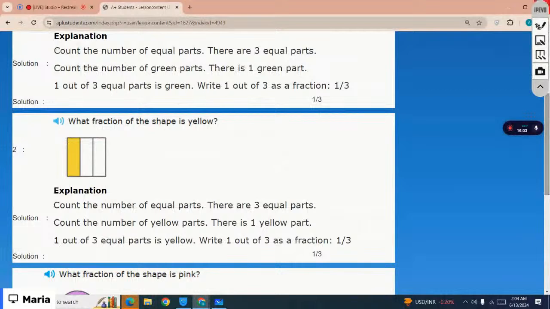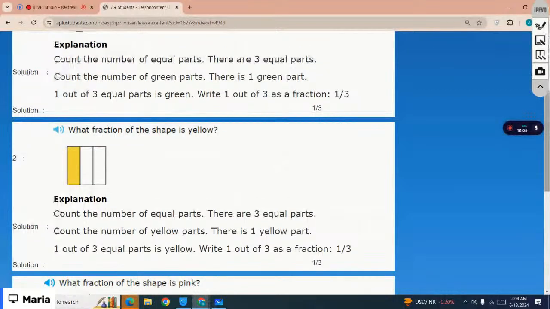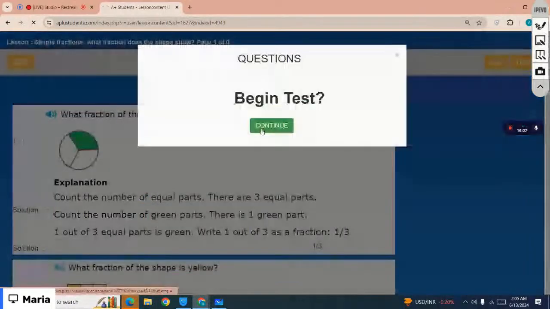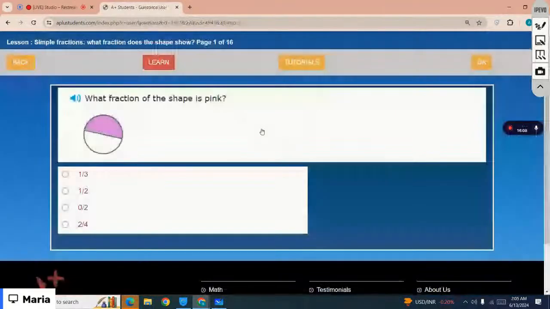Let's just start with the practice questions. What fraction of the shape is pink? You have to see which part is pink.